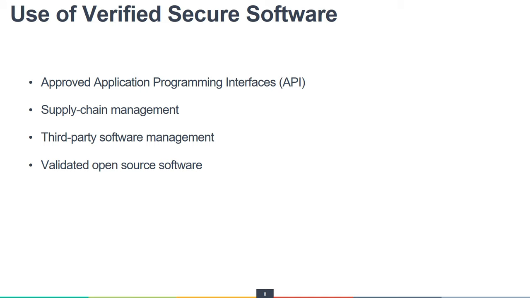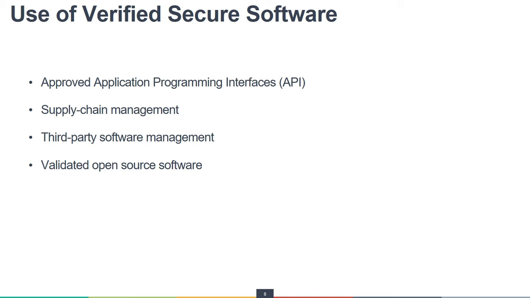Validated open source software: in the cloud environment, developers heavily rely on open source applications, libraries, and tools to build their own software. This is often considered to be more secure than closed source software, because we know that the open source software we are using is well known and well tested by different communities.